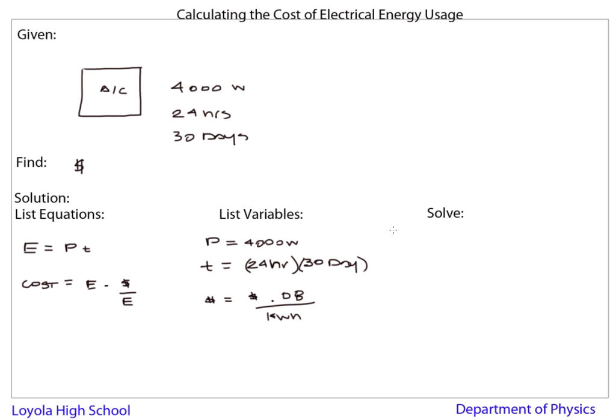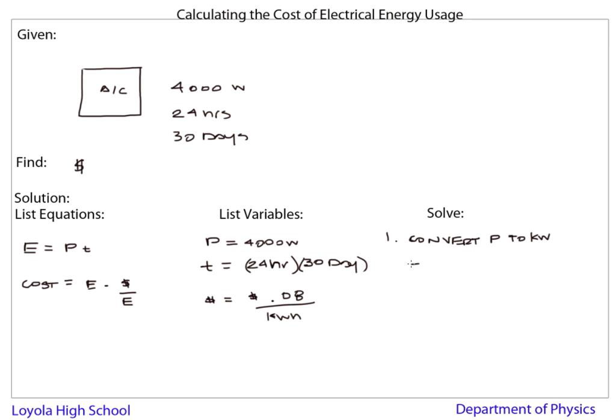So it's a three-step process. The first step is to convert the power to kilowatts. Kilowatts is just a little more convenient unit because it's a larger amount of watts.